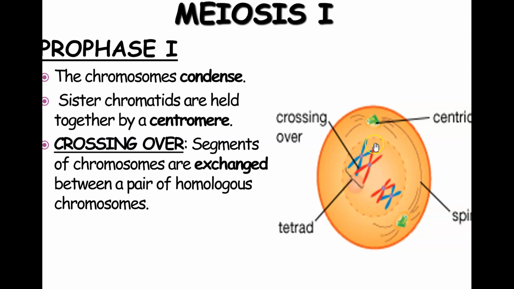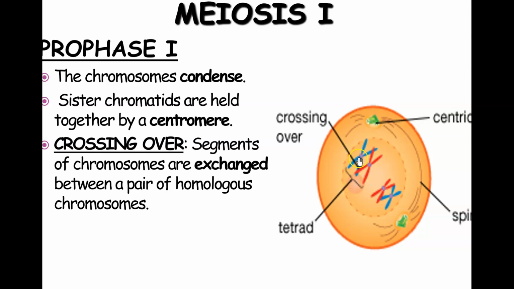So these two chromosomes, which are made up of sister chromatids, line up together because they are going to be responsible for the same characteristics. When they line up together, this formation is known as a tetrad. Tetrad meaning 4, so you have 1, 2, 3, 4 chromatids.